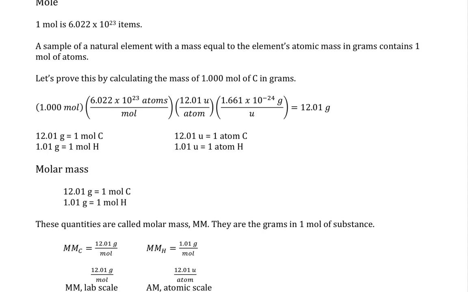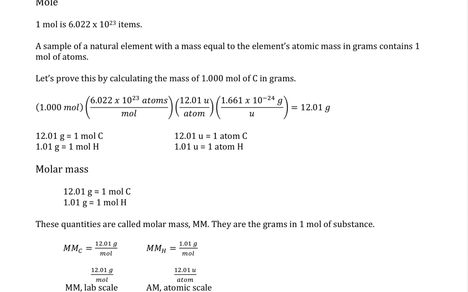We start with our given quantity, 1.000 moles, and then we convert to atoms using our quantity, 6.022 times 10 to the 23rd atoms equals a mole. By the way, that is Avogadro's number. Okay, now moles are canceling and we have atoms.